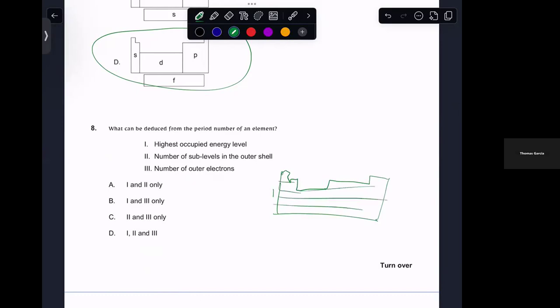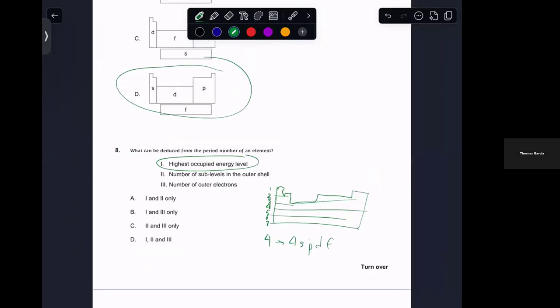When we're looking at the period, we generally know the highest occupied energy level because it's either 1, 2, 3, 4, 5, 6, or 7. So that tells us that. We do know the number of sublevels in the outer shell because in period 4, we technically have 4s, p, d, and f orbitals that exist, but it doesn't say occupied.